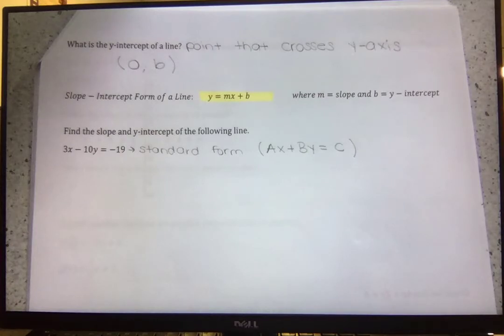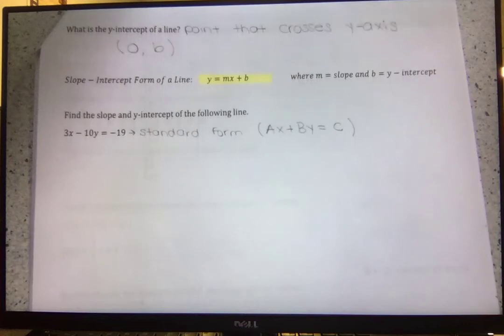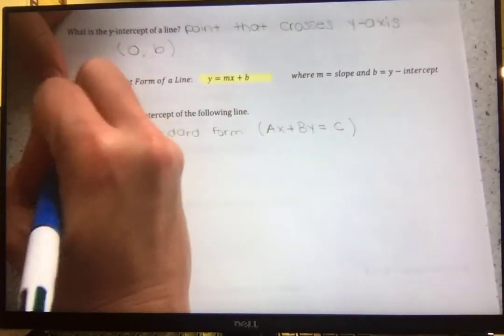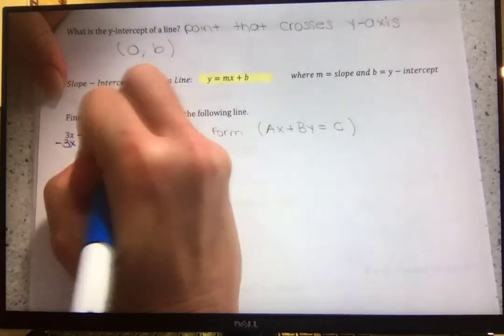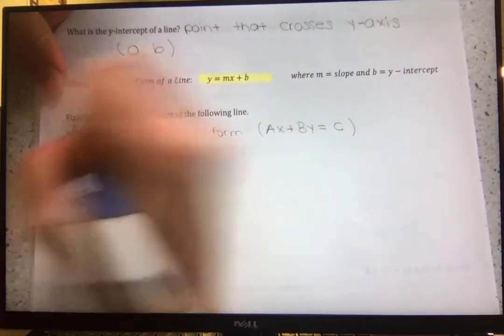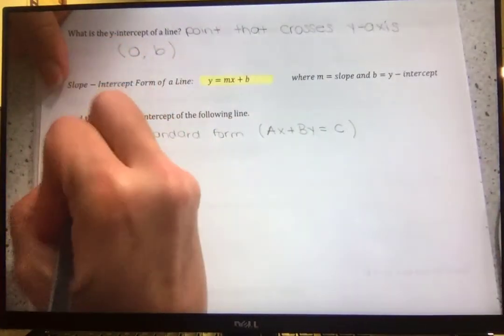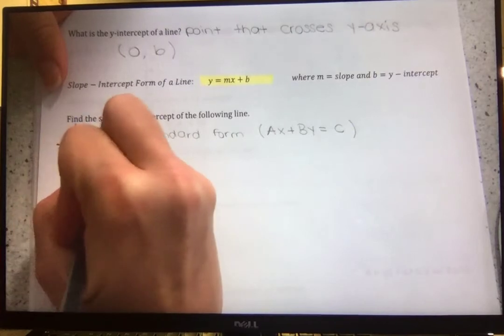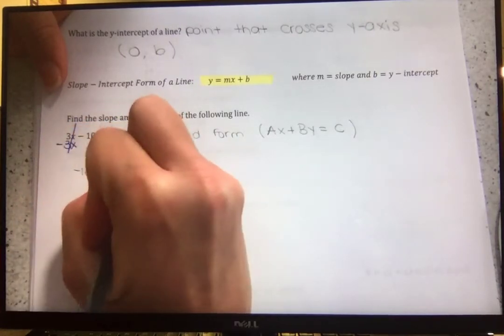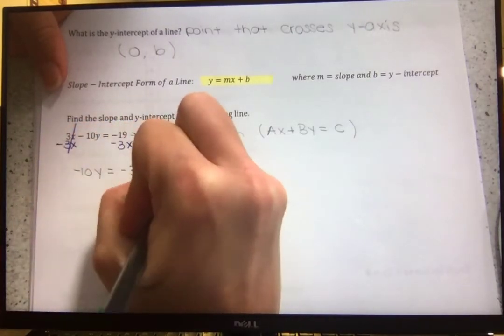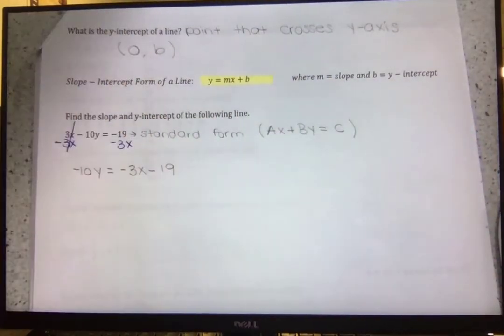I need to solve for y. I need to get y by itself. How could I do that? Subtract 3x. Perfect, thank you. Subtracting 3x from both sides, that'll cancel that out. We're left with -10y equals -3x minus 19. Remember, I want it to be mx plus b.